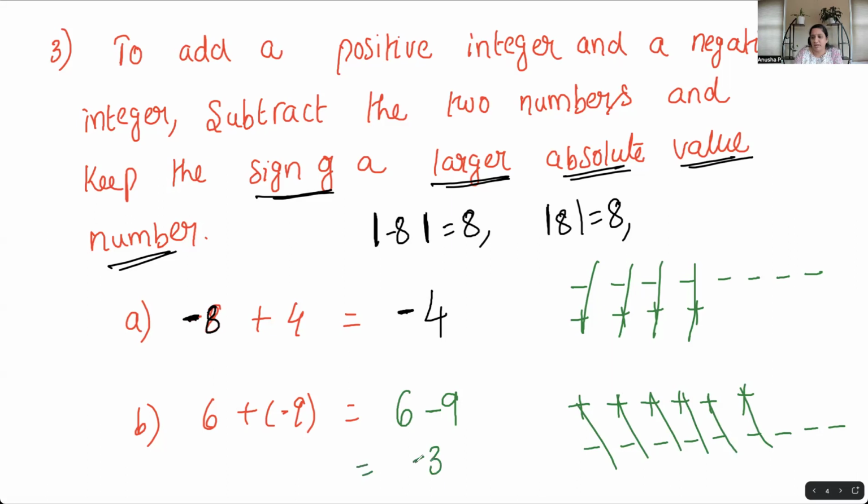But using the counter method, if you want to do bigger numbers like 250 minus 100, you can't write all the positives and negatives and then do the cancellation. It will be hard. Instead, to add a positive integer and a negative integer, just subtract the two numbers. So in the second example, 9 minus 6 is 3, and keep the sign of the larger absolute value number. The larger absolute value is 9, and it has a minus sign, so you're keeping -3.